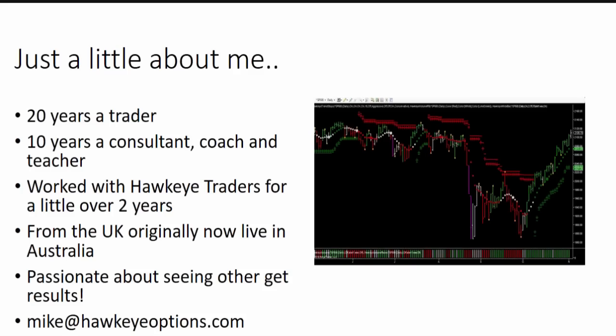Primarily, my instrument of choice has been options, though I do trade other vehicles occasionally, and also do some equities trading, not surprisingly. I've worked with Hawkeye Traders for a little over 2 years now. Nigel came over to Australia, where I now live. I was born and lived most of my life in the UK, then moved over to Perth in Western Australia, which is a wonderful part of the world, and is why I'm on probably 12 hours ahead of most of you guys in the morning.